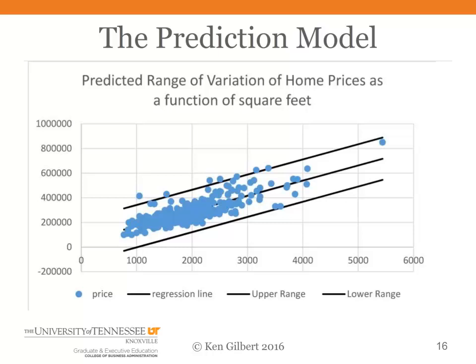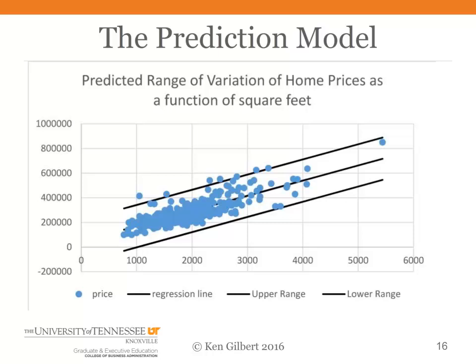So that gives us a good feel for the accuracy of our prediction model. We also know that the R squared for this was, I think, 0.66, so that tells us how much of the variation we are explaining using square feet.